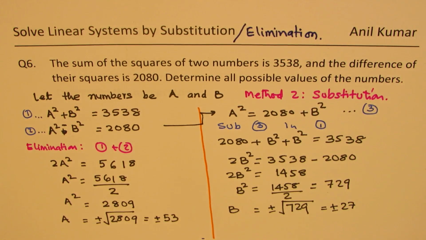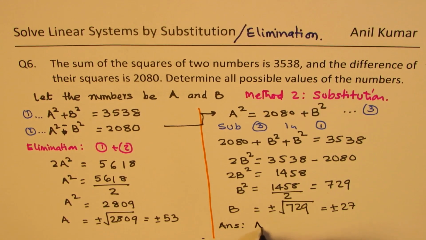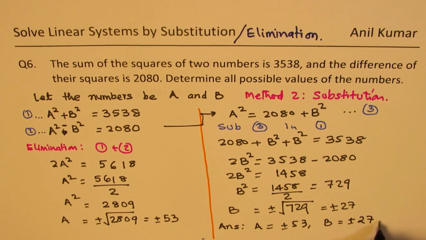So we get plus minus 27 as our answer, right? So the two numbers could be, for A, plus minus 53, right? And for B, it will be plus minus 27. So we have our answer here, and that is A equals plus minus 53 and B equals plus minus 27. So that is how you could do it.